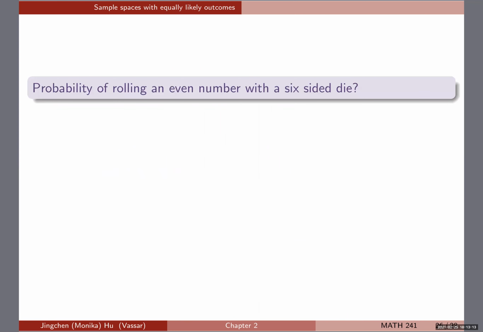The probability of rolling an even number with a 6-sided die. The sample space, we know that from early on. Moreover, if it's a fair 6-sided die, each one is equally likely, right? So capital N here is 6. All right, let's look at our event. The event is getting an even number.